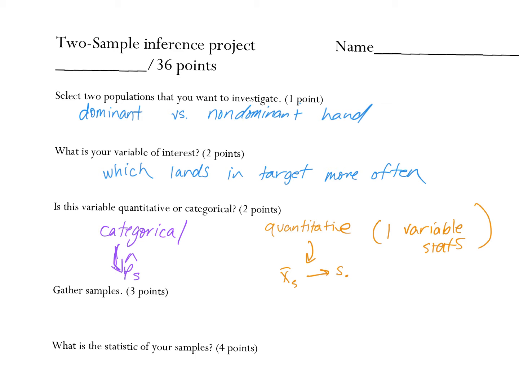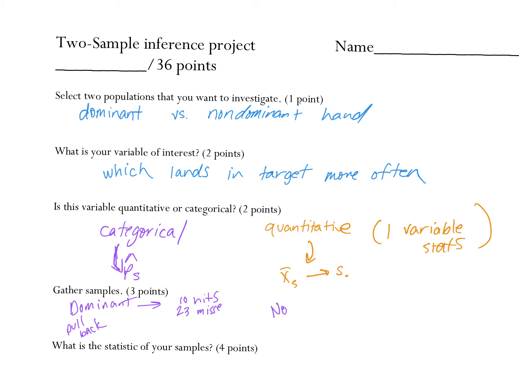Cool? All right. Now, the next thing you're going to do is gather your samples. So for the dominant hand, guys, that we used which hand they pulled back with. Okay? So I'm going to say the dominant pullback was 10 hits, 23 misses.